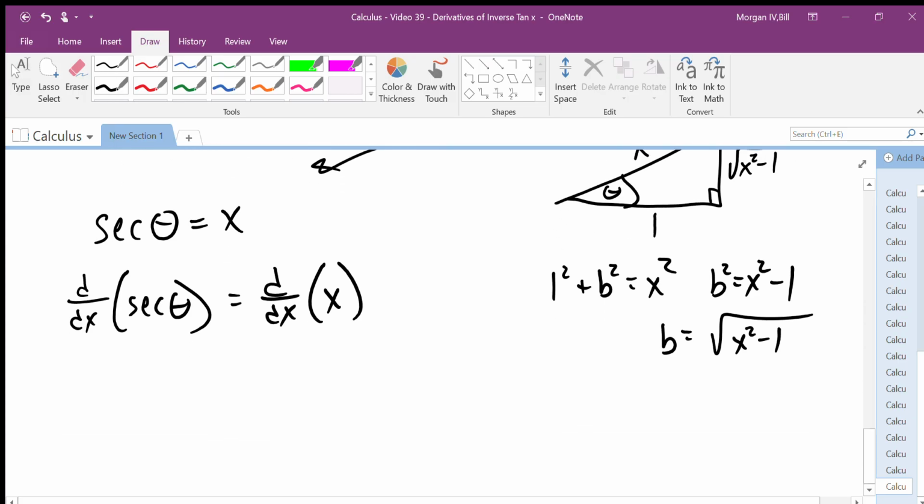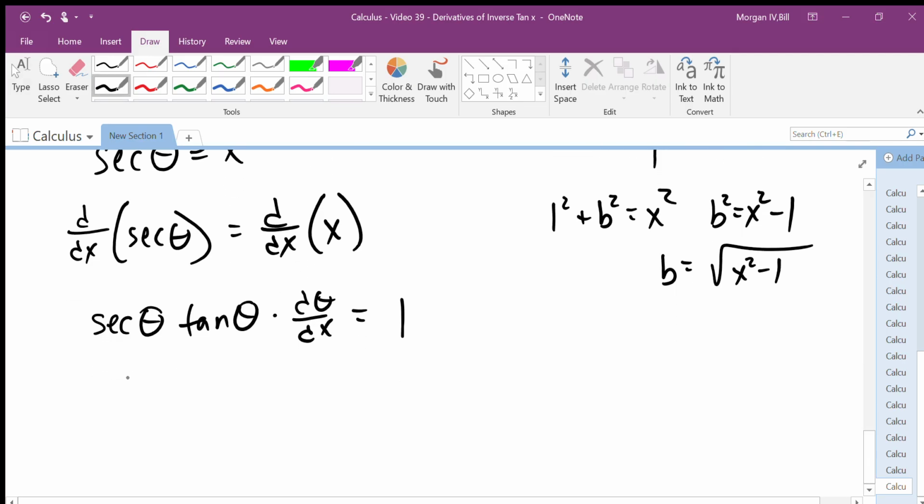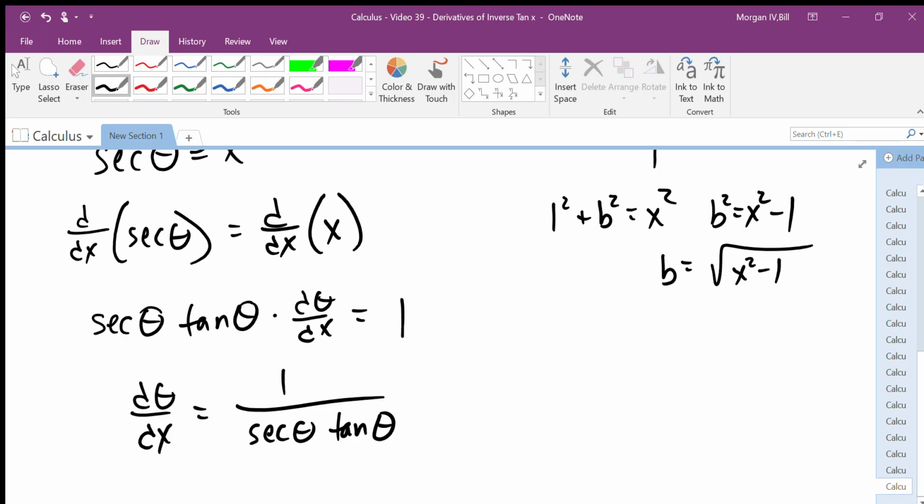The derivative of secant theta is secant theta tan theta, and then because theta is not x, times chain rule d theta dx is equal to 1. Solving for d theta dx, I get d theta dx is equal to 1 over secant theta tangent theta. And now we'll just go back to our triangle, plug in whatever secant theta is, plug in whatever tangent theta is, multiply those together, and get my answer.